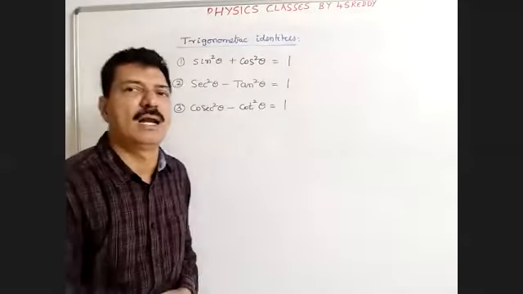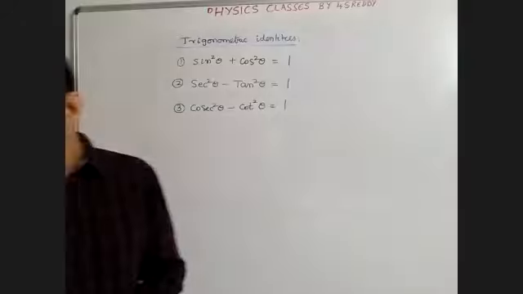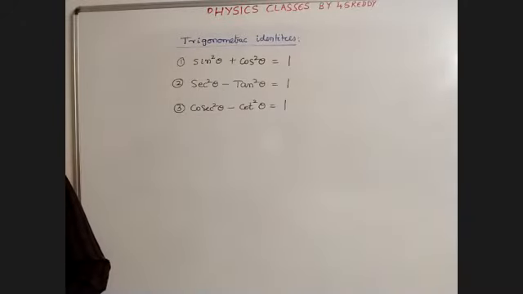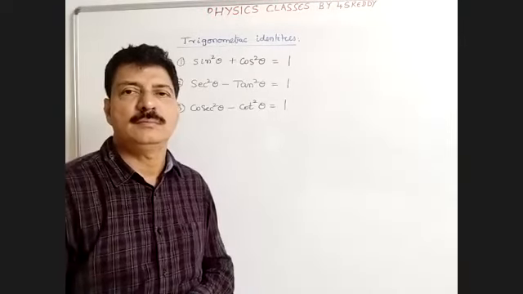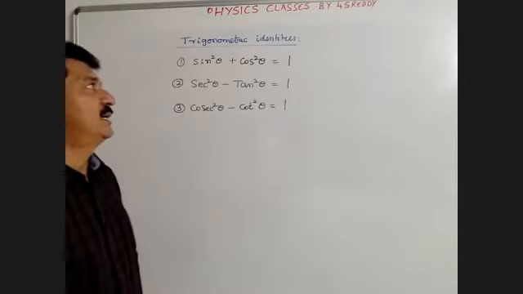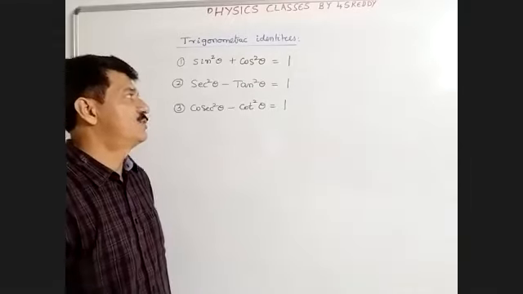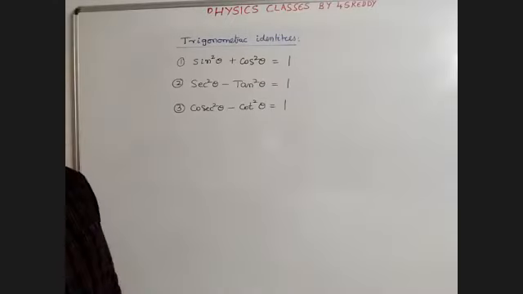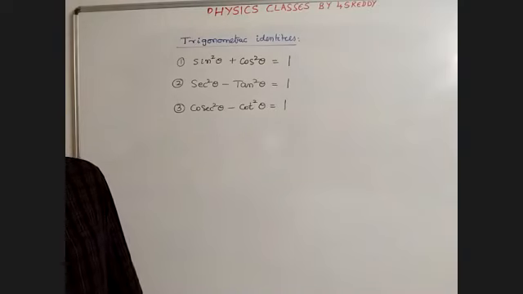These three are called the trigonometric identities.